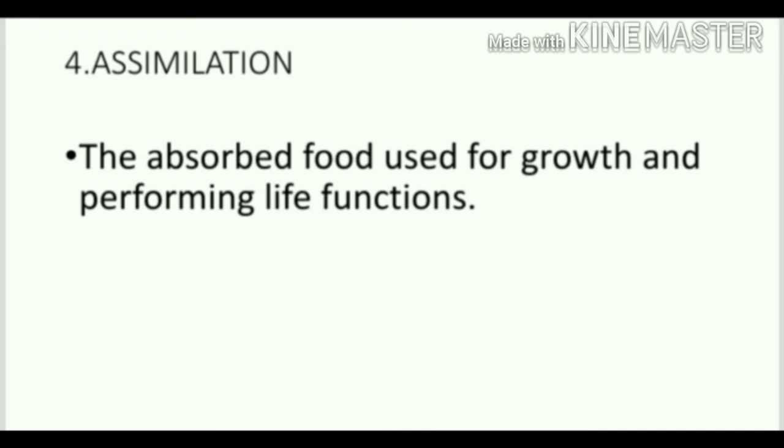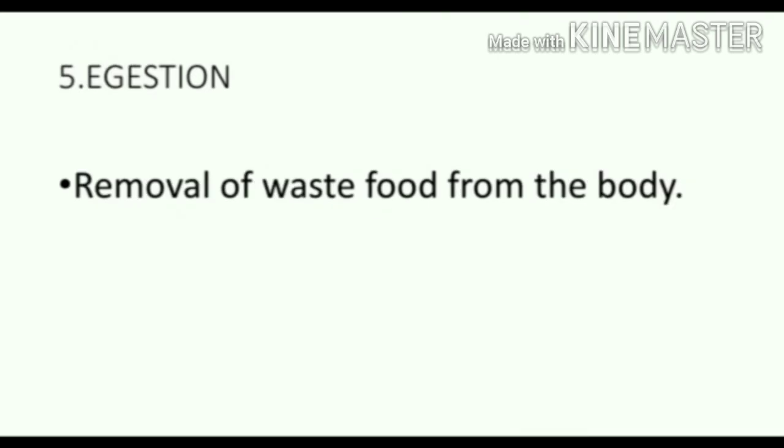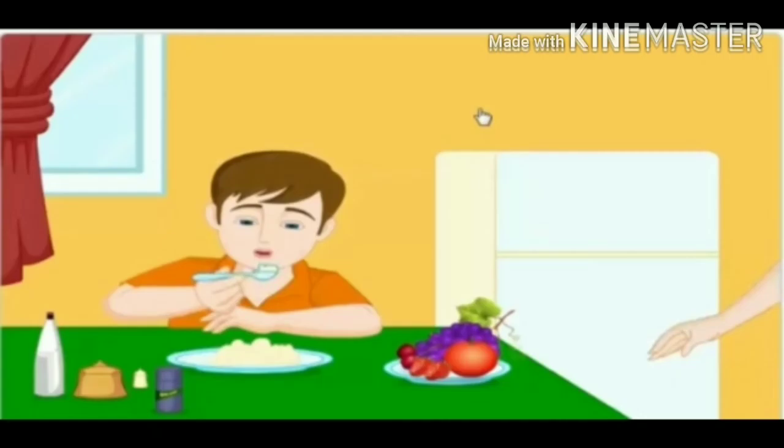Dear children, the food which could not be used during absorption and assimilation is the waste. This waste or the undigested food is pushed out of the body. This removal of waste food from the body is known as egestion.